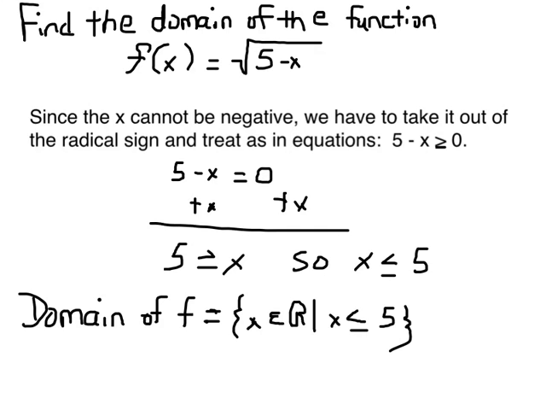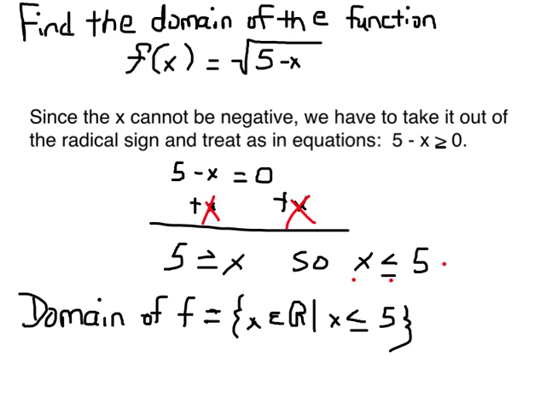So we say 5 minus x is greater than or equal to 0, and we move the x here. We're going to add x. So we have 5 is greater than or equal to x. So putting it in standard form, we could say that x is less than or equal to 5.